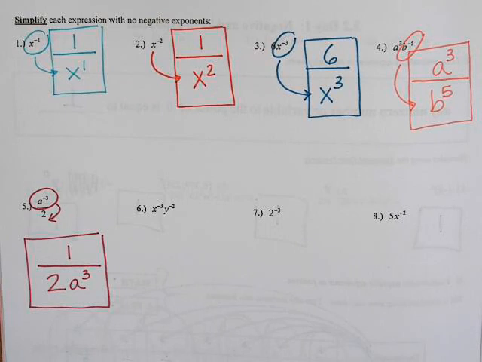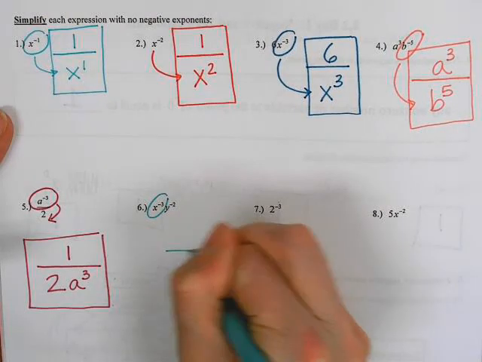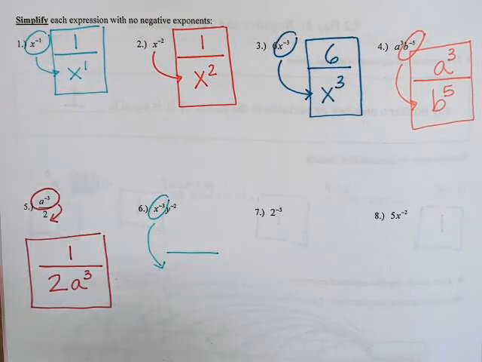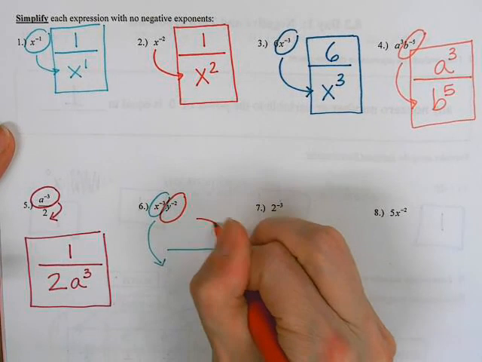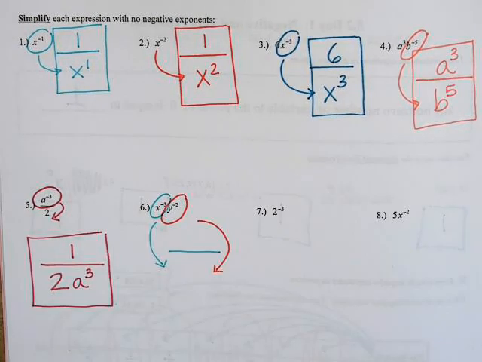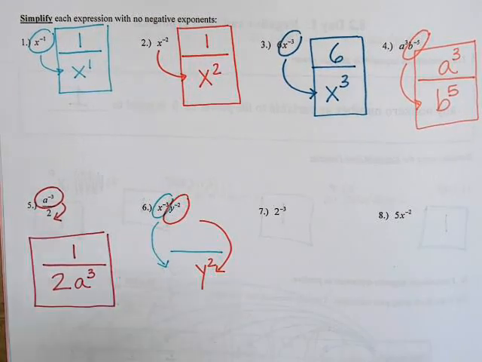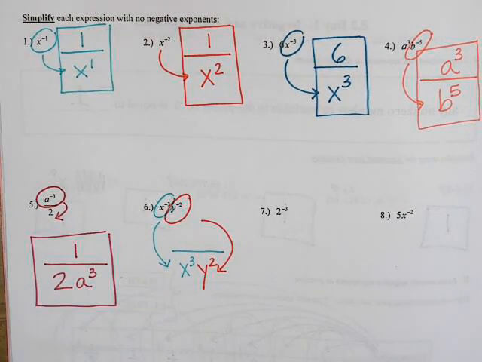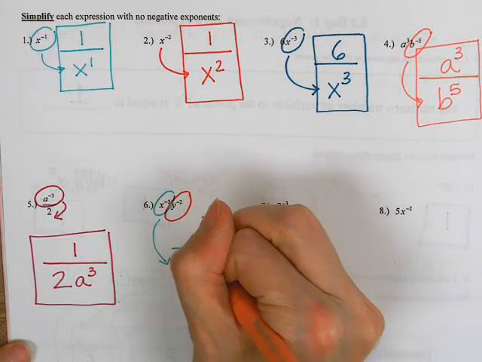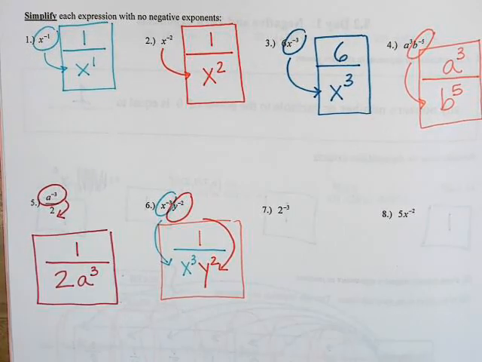Number 6, if your exponent's negative, you drop it like it's hot. But the y is also negative, so it has to drop too. They're both going to drop, and each becomes positive when you drop it. Since everything dropped, you put a 1 on top. That's the answer for that one.